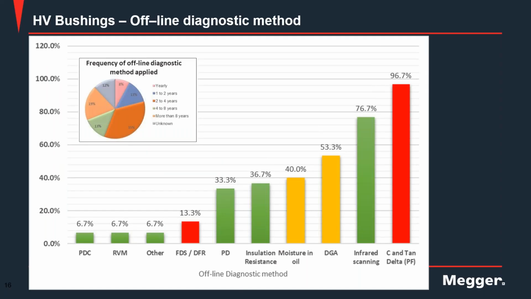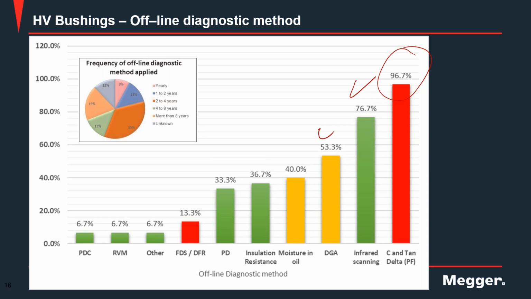So from that point of view, I want you to look at this chart, and you can see clearly that out of the study carried out by Segre, 96.7% of the utilities that were surveyed ran a capacitance and tan delta test at line frequency. That is very typical for them. The next test that they have is the infrared testing, or the infrared scanning.